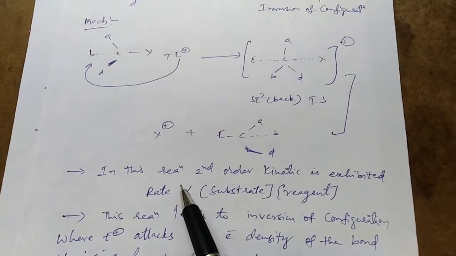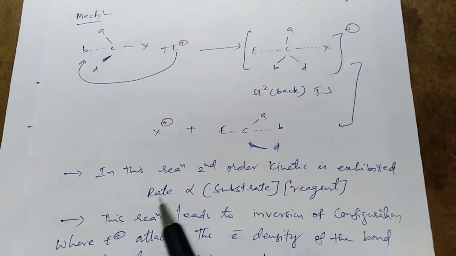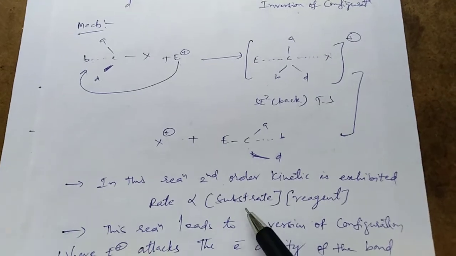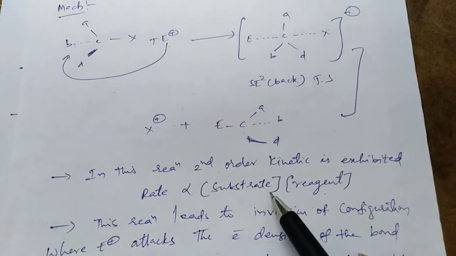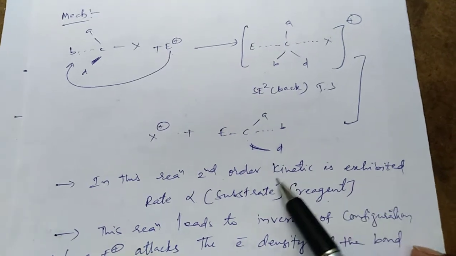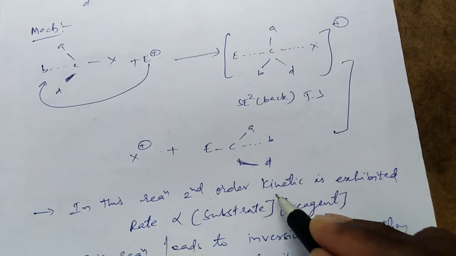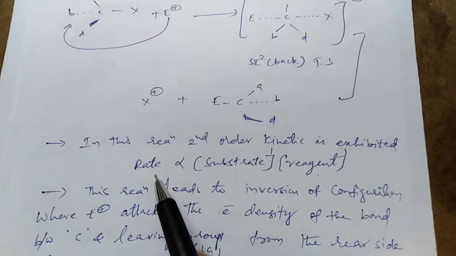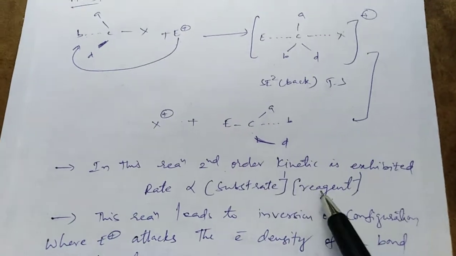So in this reaction, the second order kinetics is exhibited because the rate of the above reaction depends on both the substrate and the reagent. Individually they exhibit single order or first order reaction. The total order is second order reaction. So the rate is directly proportional to substrate and reagent.